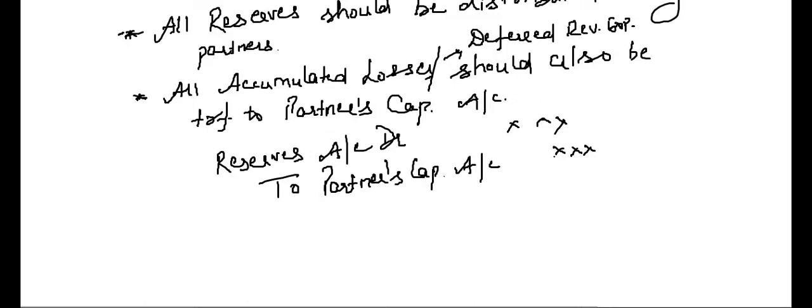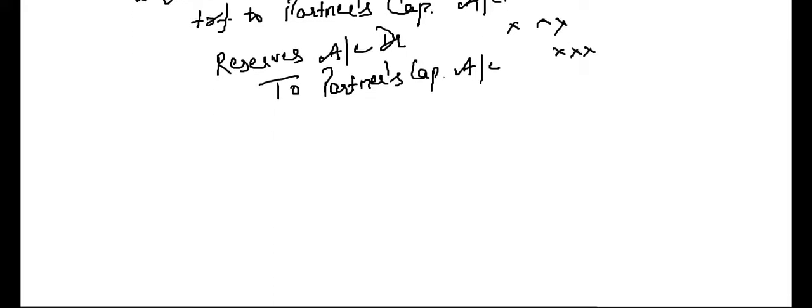The reserves that have been created out of the profits which were earned when there was no change in the profit sharing ratio, when the profit sharing ratio was 3:2, those reserves have to be distributed among the partners. Clear? And if we have to transfer the losses, then the partners' capital accounts will be debited.